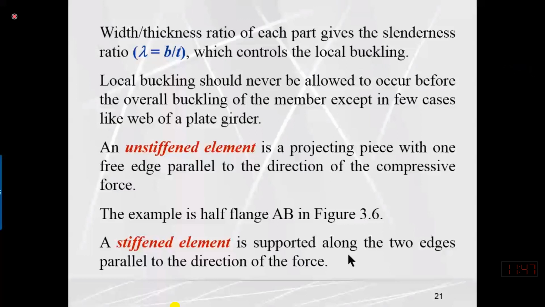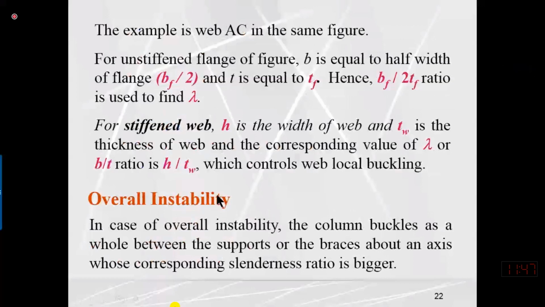For the unstiffened flange, as in the figure, b is equal to half of the flange width, bf by 2, and t is equal to tf. Hence the b over t ratio of the unstiffened element is bf over 2tf. I will explain it again.